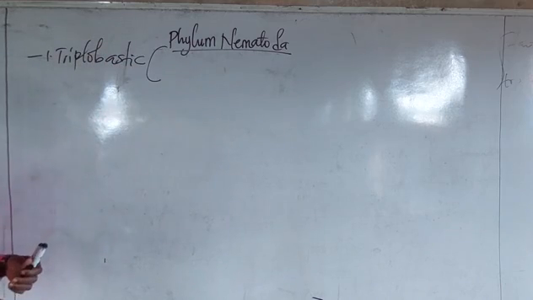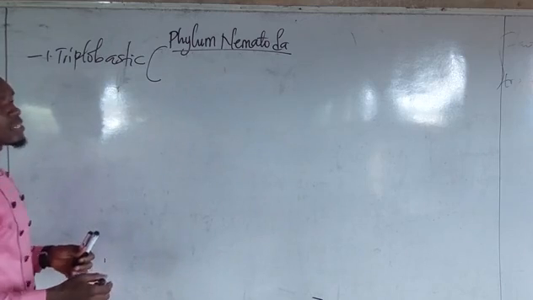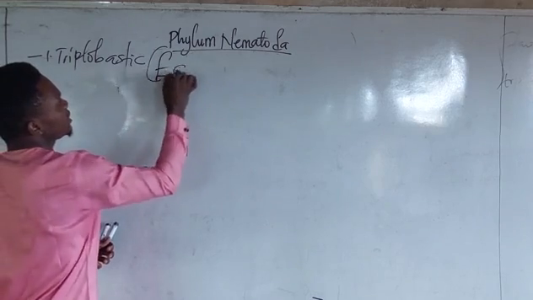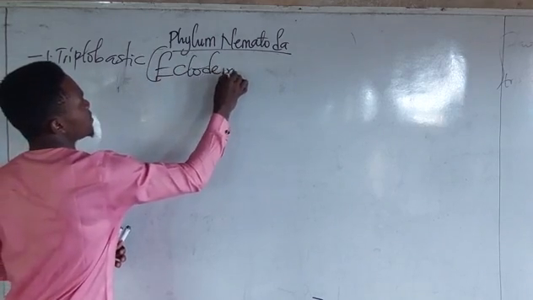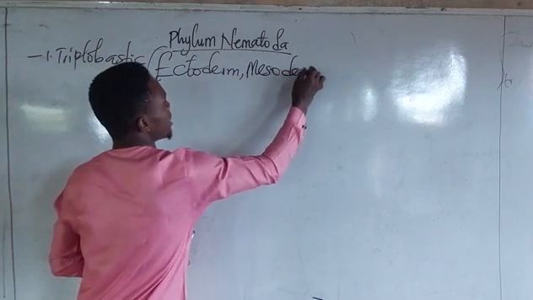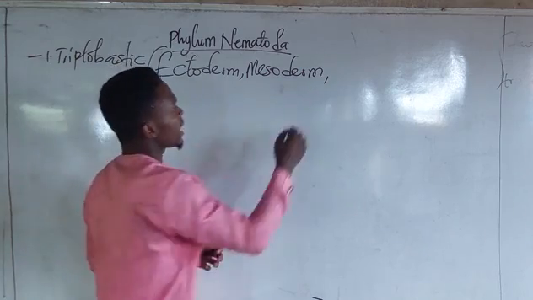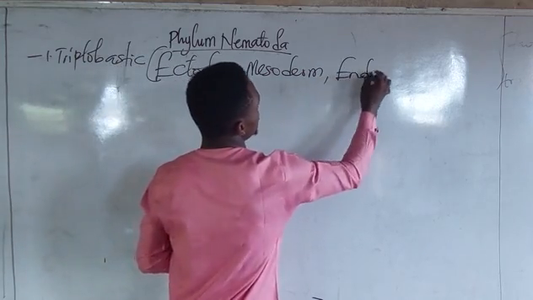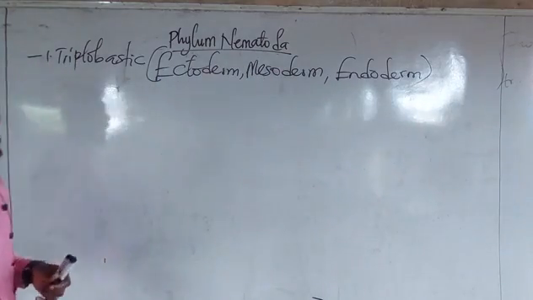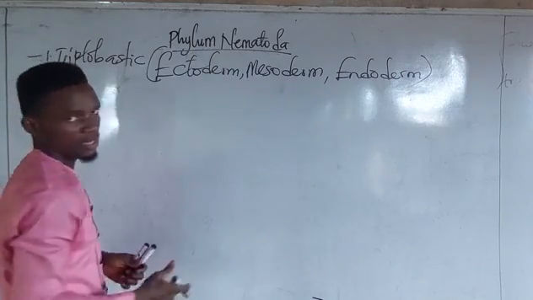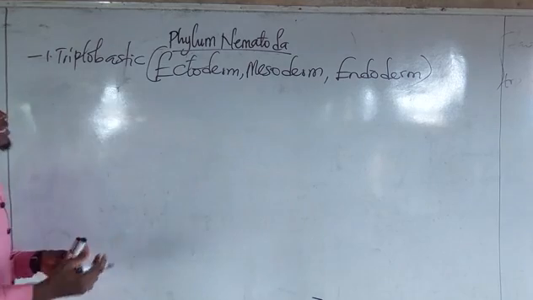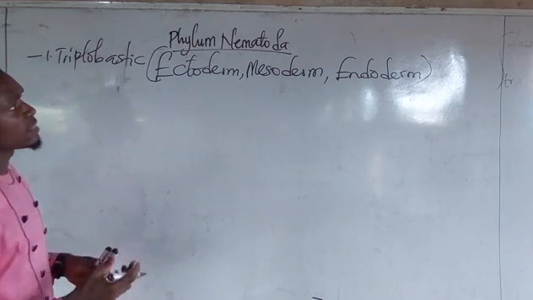For an organism to be triploblastic, it means that such organism has 3 germ layers, and these are the ectoderm, that is the outer layer, the mesoderm, that is the middle layer, and the endoderm, being the inner layer. So these are the germ layers. For an organism to be triploblastic, it means that such organism has 3 layers.